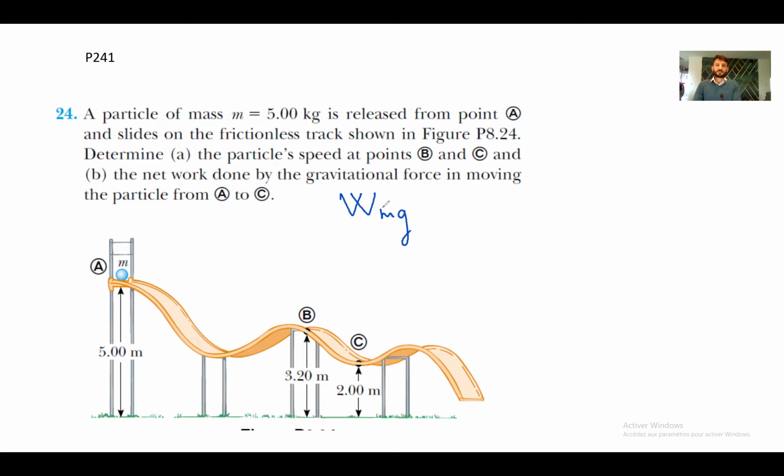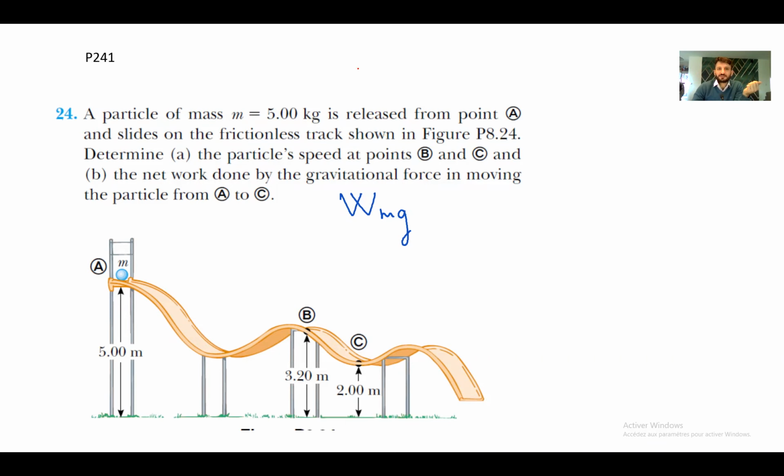Here it's important because you have to know how we can solve this problem. What is the value of omega mg? We calculated its value before.